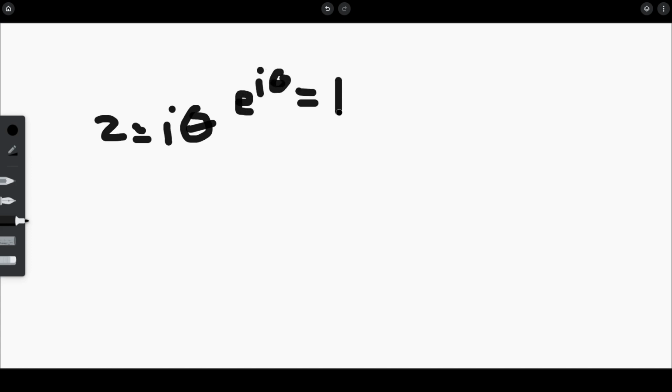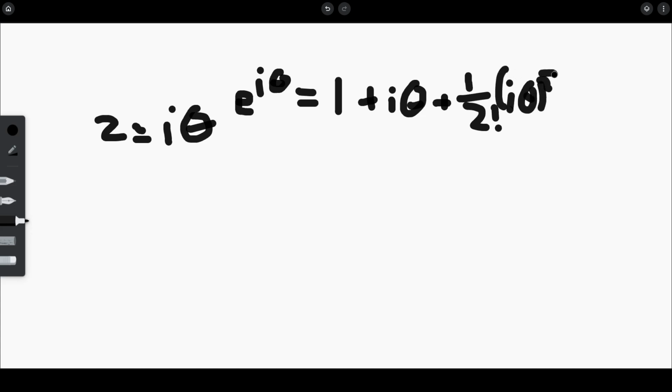So let's start with 1, it stays the same, plus i theta, plus 1 over 2 factorial times i theta squared, whole term, plus 1 over 3 factorial times i theta to the third, and so on and so forth.